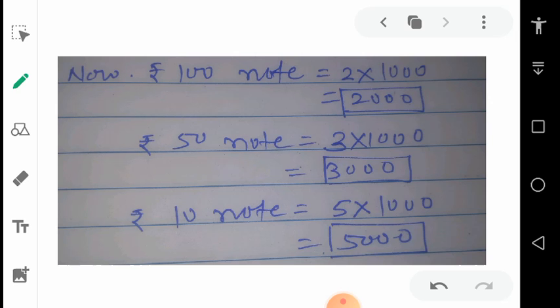Multiply 2 by 1000, because there are 2x notes, so it is 2000. How many rupees 50 notes? It is 3x, so 3 multiplied by 1000 is 3000. And how many rupees 10 notes? That was 5x, so 5 multiplied by 1000 is 5000.